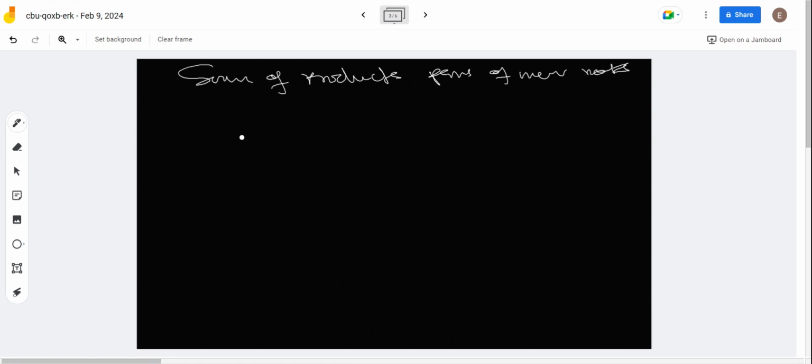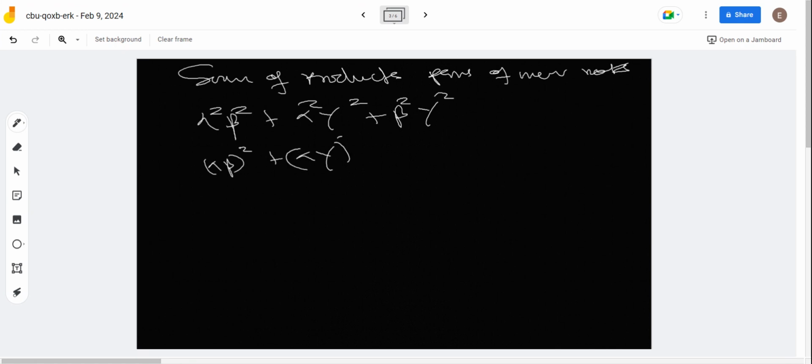Sum of product pairs of new roots. We are going to have alpha squared beta squared plus alpha squared gamma squared plus beta squared gamma squared. This can be written as alpha beta all squared plus alpha gamma all squared plus beta gamma all squared.